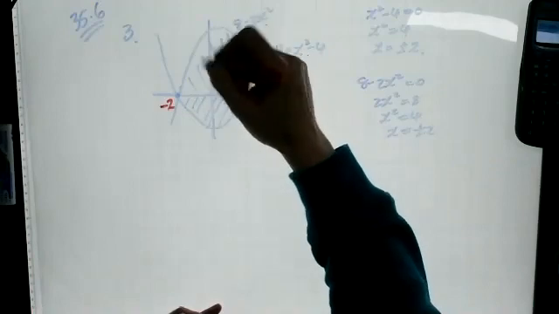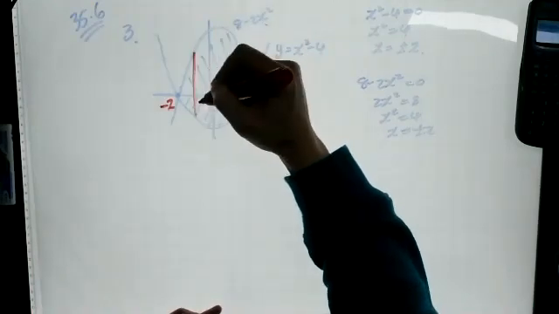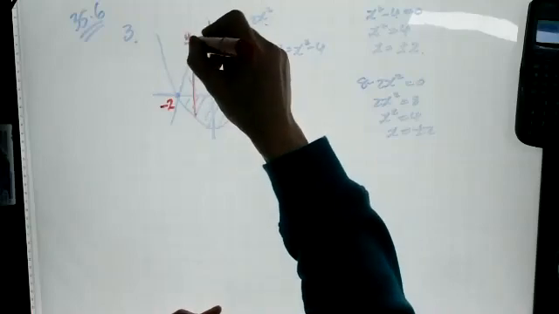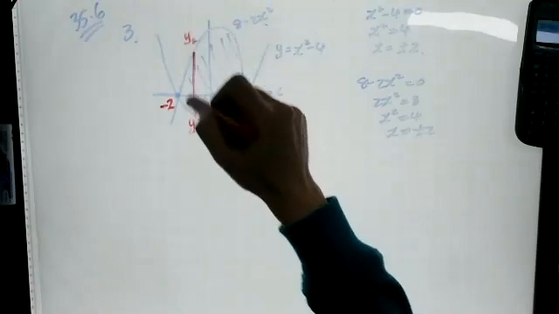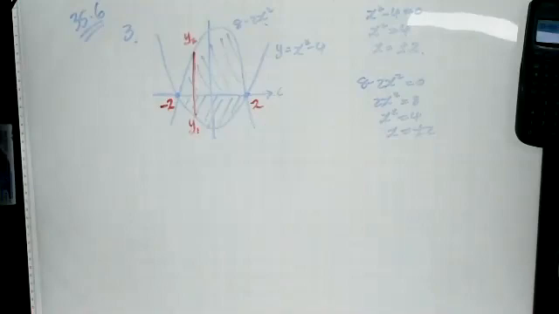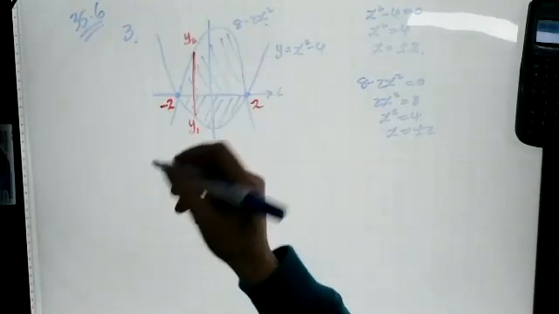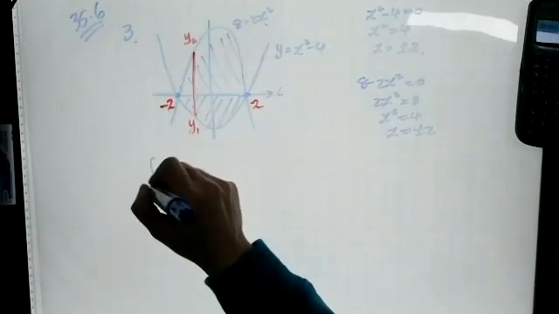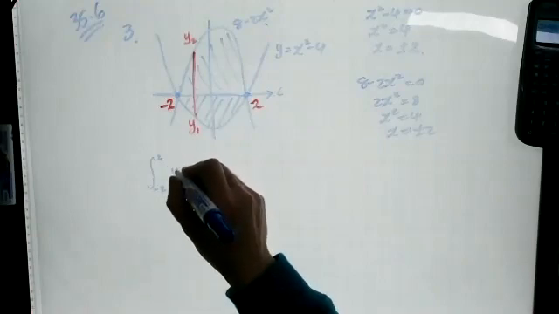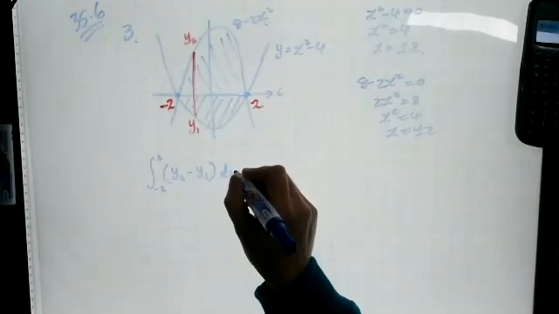So just go near to the curve, y1, y2, the y2 goes over top, I guess y1 goes over bottom. So the formula is the integral of y2 minus y1 dx.